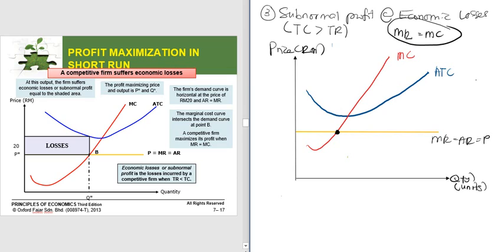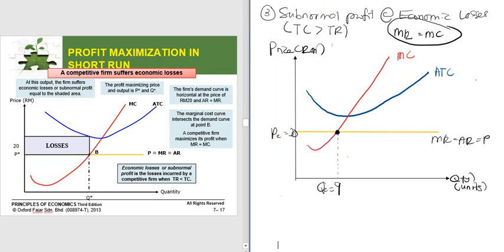So what you need to do here is you draw this, from this point you drag it downward. Okay, so you get the equilibrium quantity, which is 9, and this is QE, and then you get the equilibrium price, which is 20. Okay, now from this point, that is your total revenue actually.